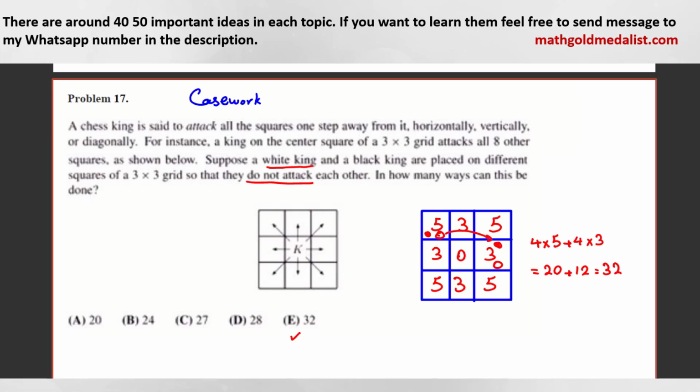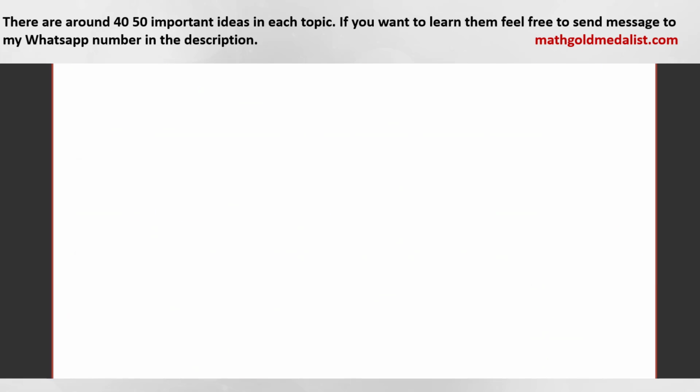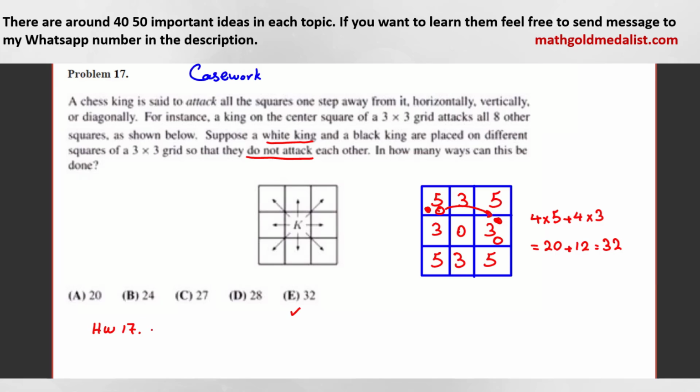Now let me tell you a homework that you can solve exactly by this idea. Homework 17: you can solve this one for an 8 by 8 table. Again, you have two kings, black and white. For homework 18, it's a bit harder, but again you can solve it the same way.